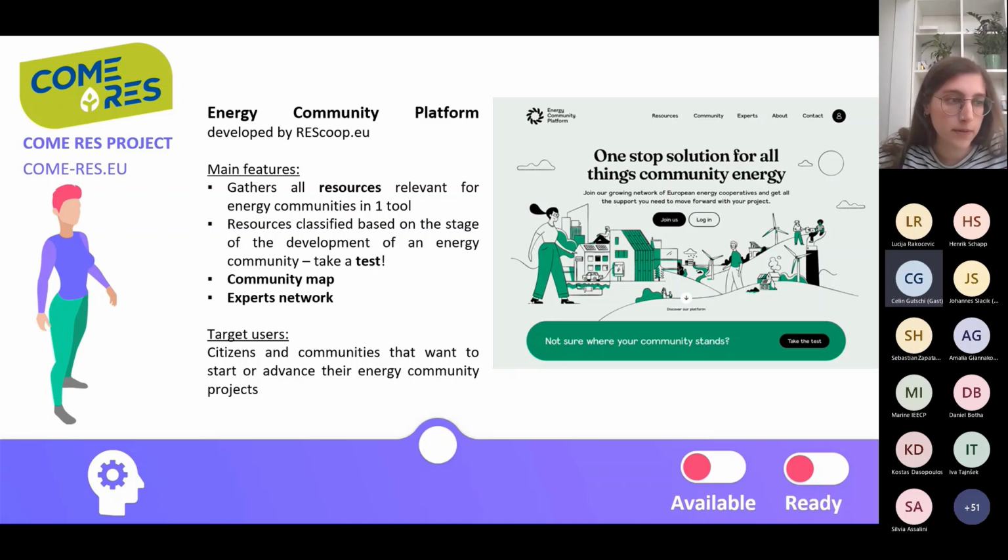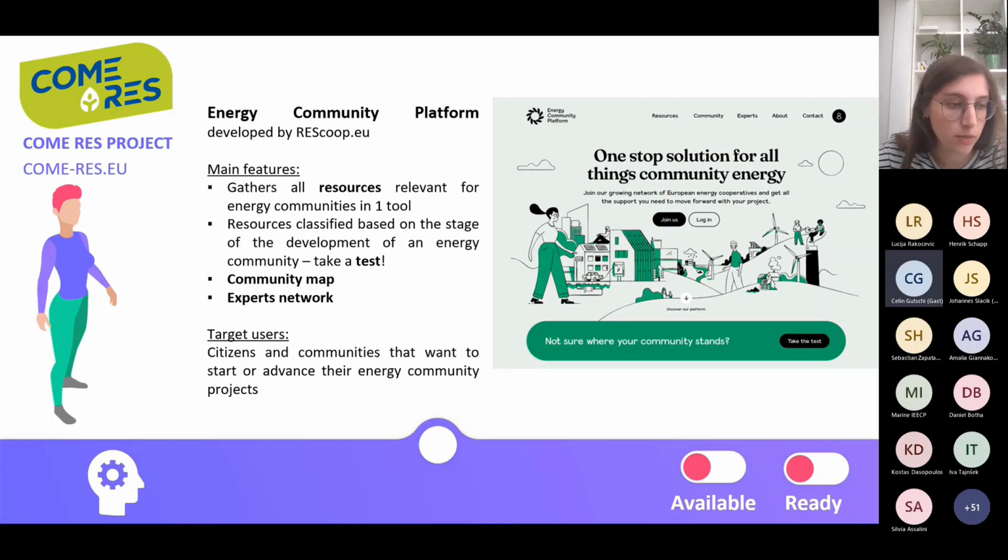Another observation we have made through our participation in projects is that several times some very useful tools or platforms stop being used after the project ends, and that's really a pity. We wanted to try to deal with this issue. And the solution we came up with is this energy community platform that we are developing at the moment.